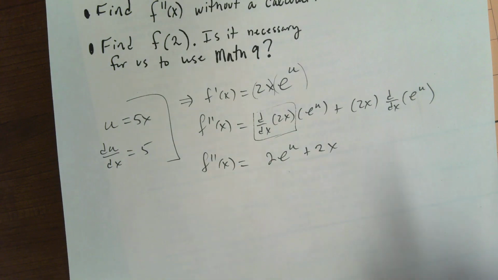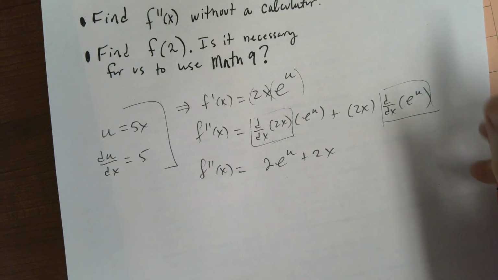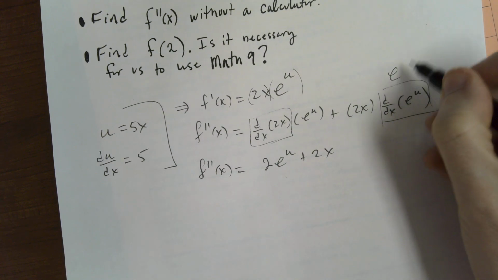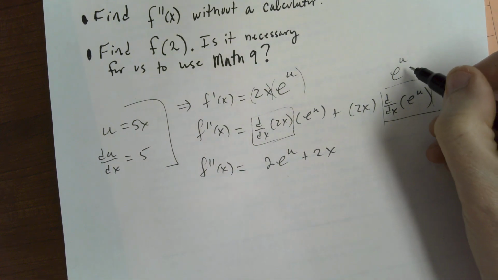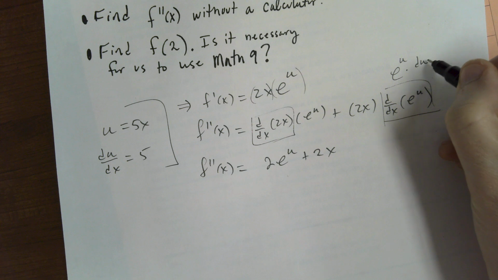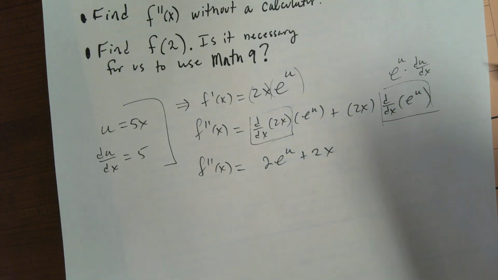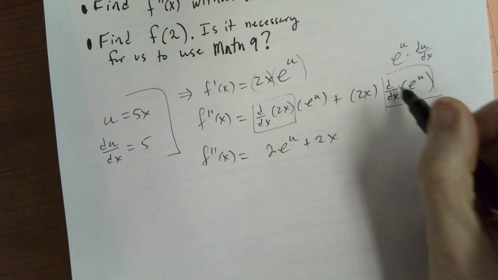2x, okay? Now the derivative of this, all right, so the normal derivative, if the variable were u, the derivative is e to the u. But since the variable is not u, by chain rule, you need du dx. Okay, so that's this whole part.